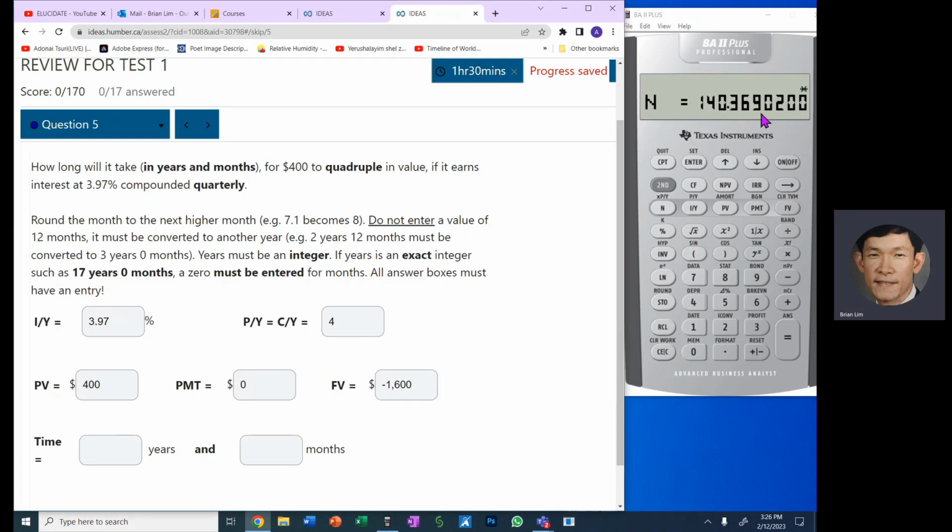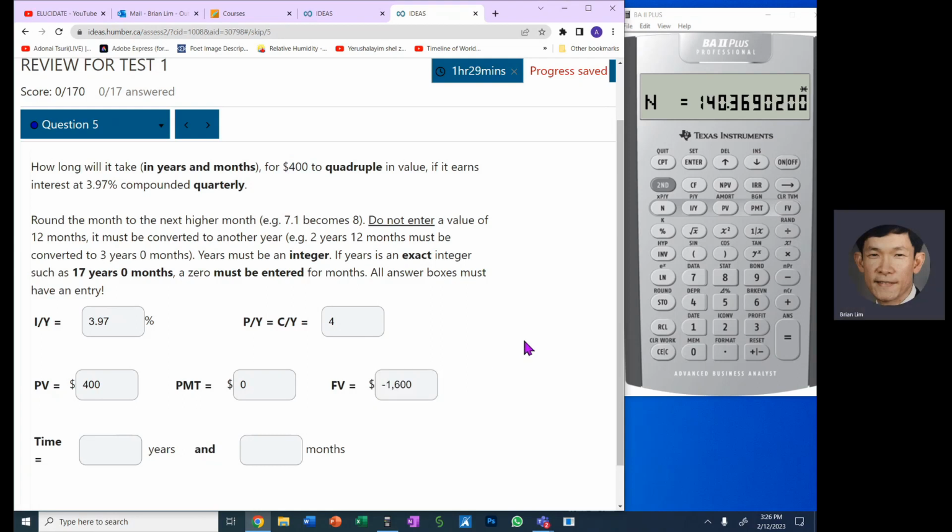And we get 140.369. Now that is what? That is the number of compounding periods for the duration of time the $400 increases to $1,600. Okay?